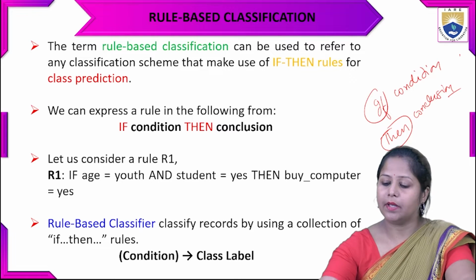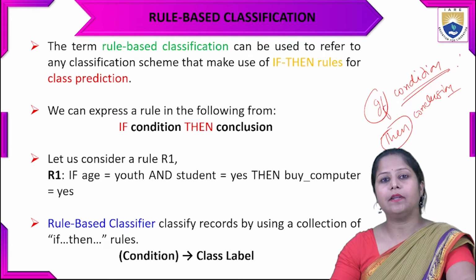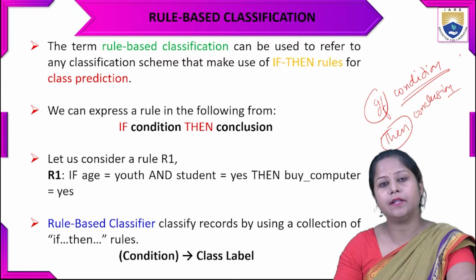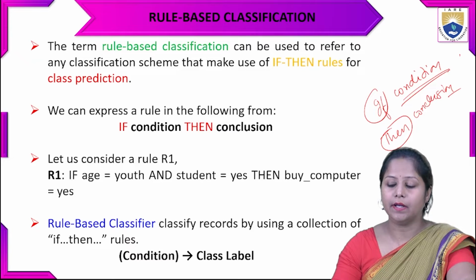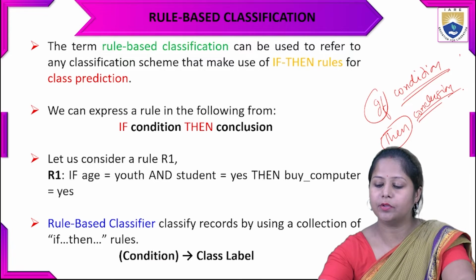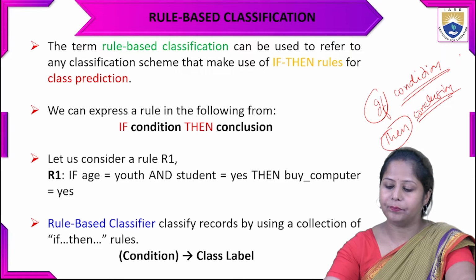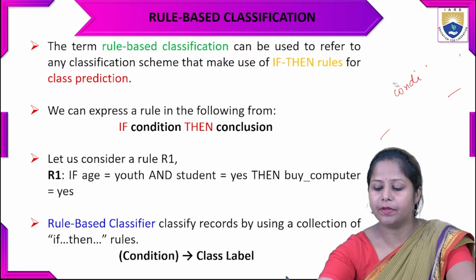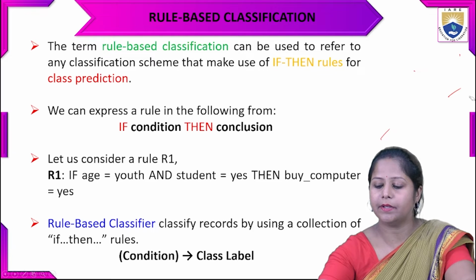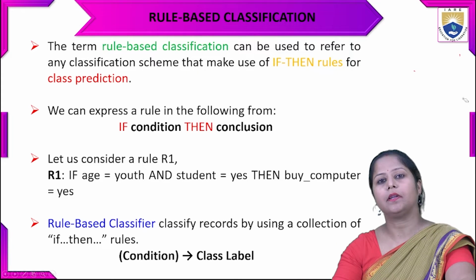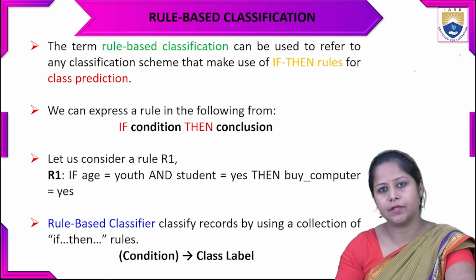In the condition we will see what is in the decision tree. Whatever classifier we are taking, we will use the condition for that, and the conclusion will have the prediction about the class level. Sometimes we also use the and operator, and or, in the rules we write for a rule-based classifier.